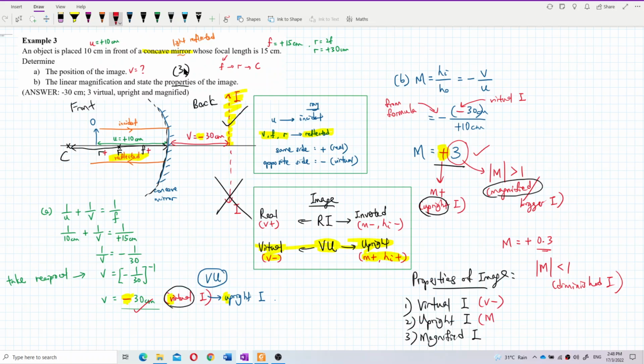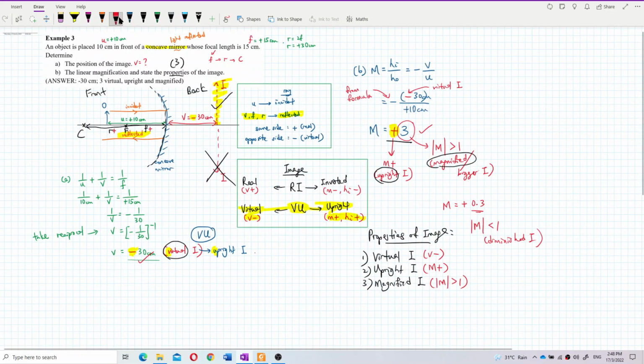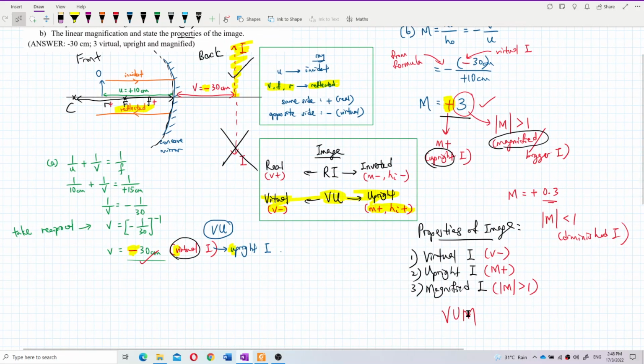Because the magnification is a positive value. Why magnified? Because the magnitude of M is more than 1. Understand? So this is considered the acronym VUM: virtual upright magnified.